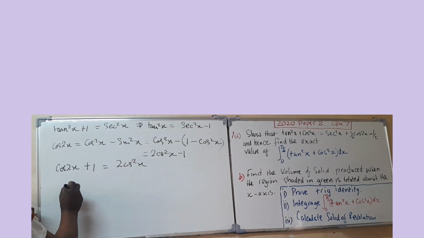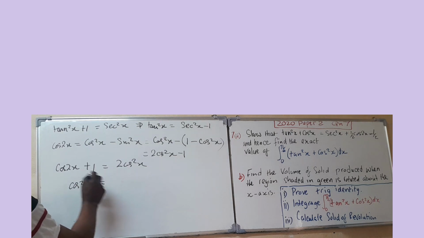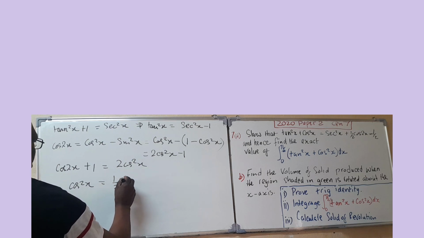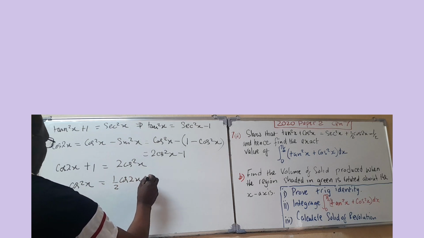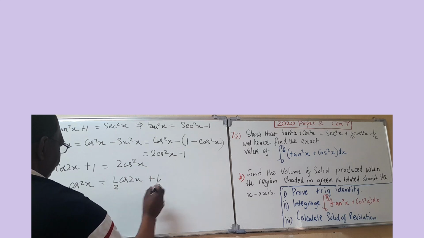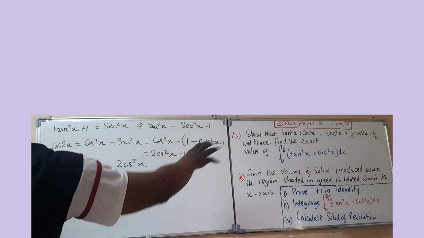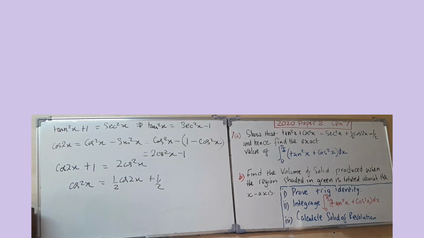Therefore, finally, cos squared x itself is equal to this divided by 2, which is half of cos of 2x plus a half. Right. So now, those are the results we are going to use to substitute for cos squared x and tan squared x. Remember, this is our cos squared x, so we can come here.